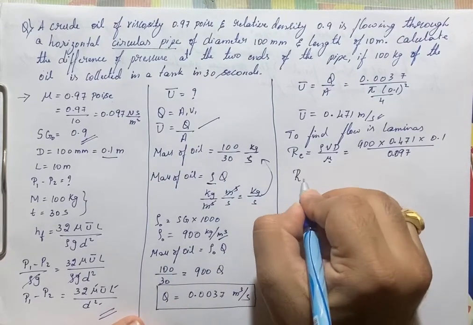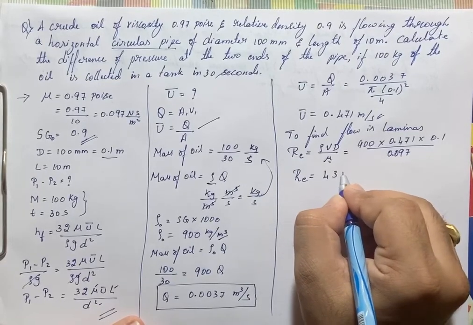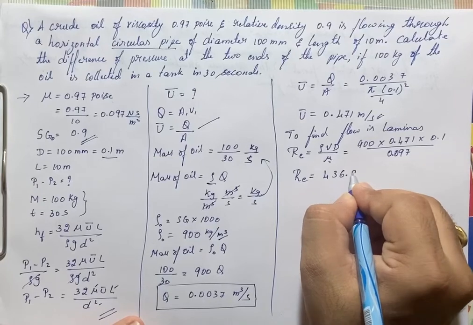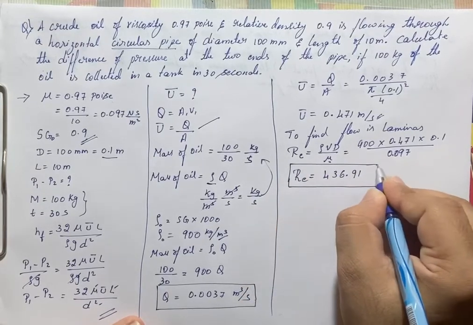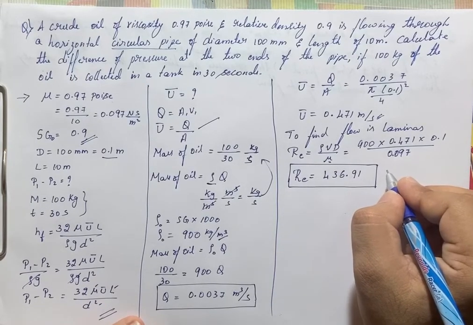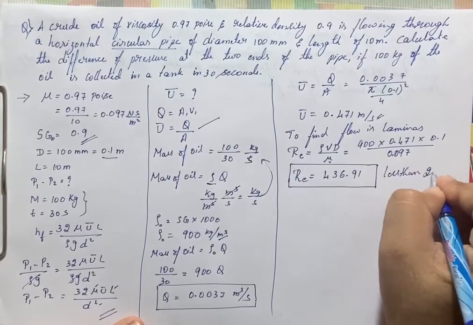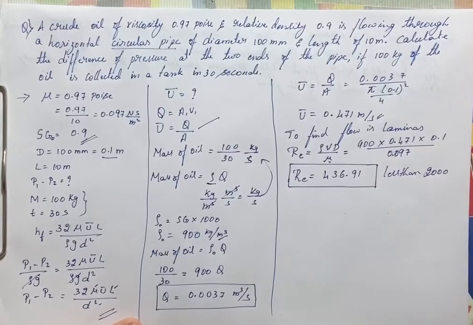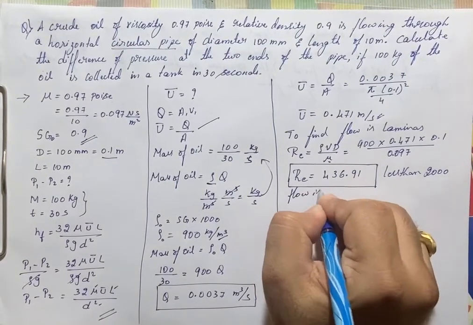After finding out Re, we'll obtain 436.91. Here Re is the Reynolds number, a dimensionless quantity, right? So I can say it is less than 2000, right? For a circular pipe, if the Reynolds number is less than 2000, I can say the flow is laminar. So the flow is laminar.